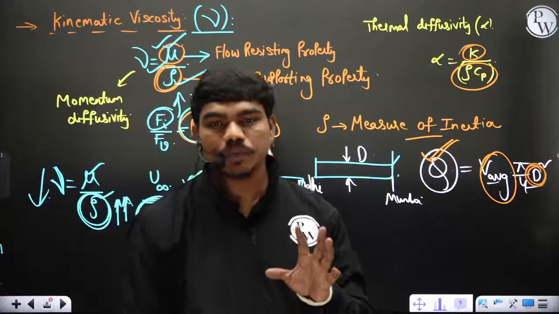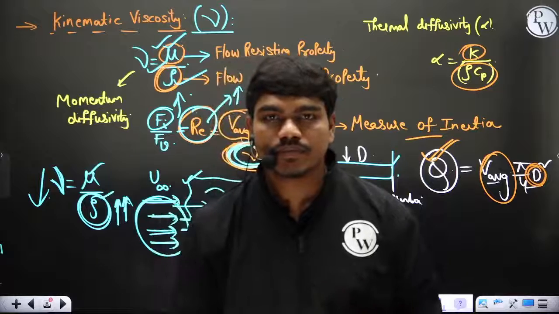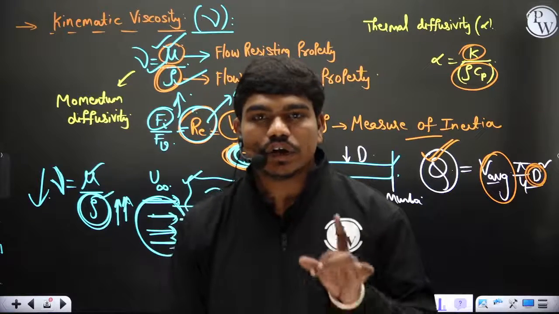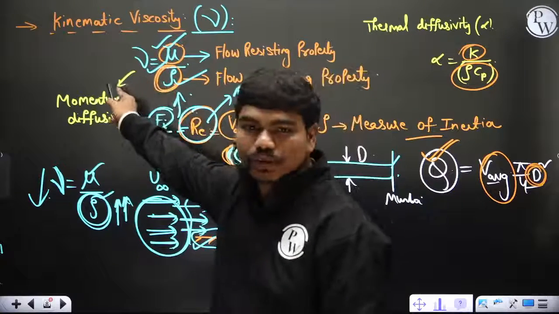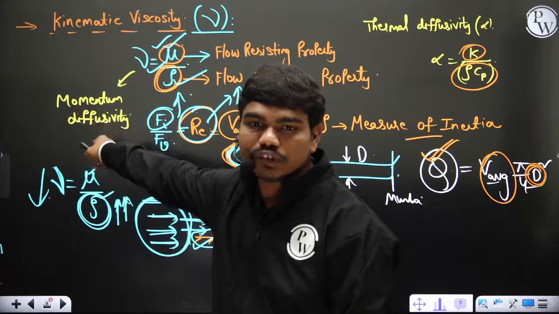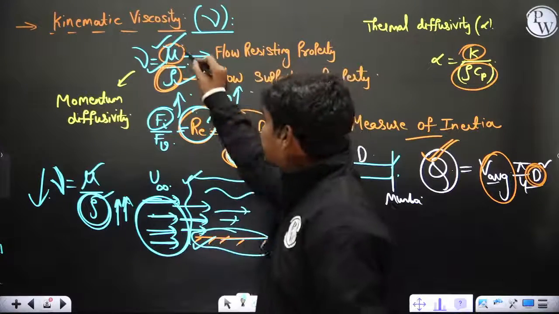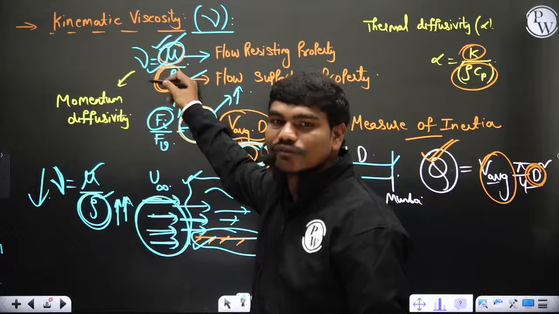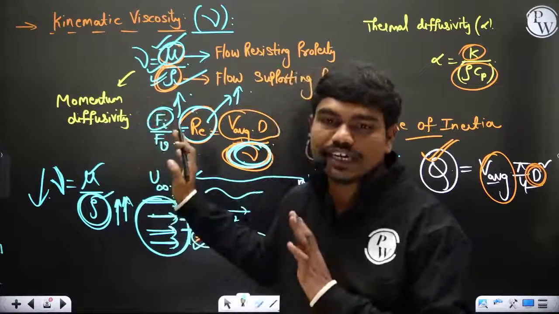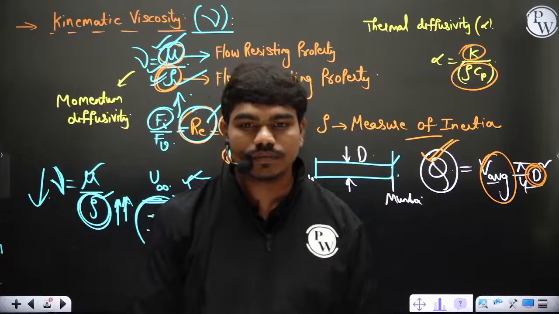Is this clear to all of you? Did you all understand why this kinematic viscosity is very important and how it denotes momentum diffusivity? Means when something is trying to stop the flow, how effectively the flow can still propagate. That's what nu tells you.